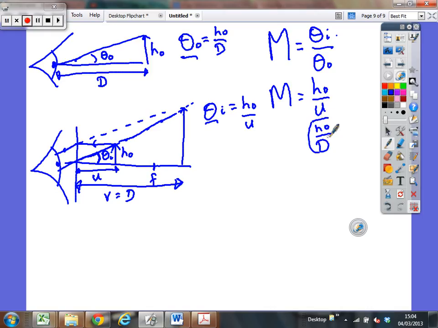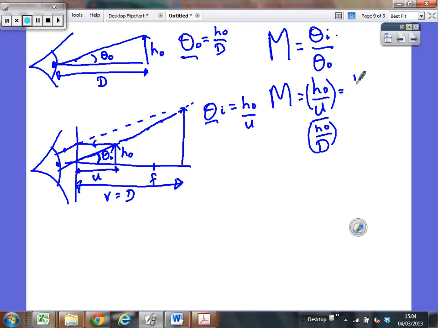I flip the bottom one and cross multiply, and I'm left with d over h naught times h naught over u. The h naughts cancel, and the angular magnification m is equal to d times 1 over u. I've left 1 over u like that on purpose, because I don't want u in the equation. I want to find it in terms of f.